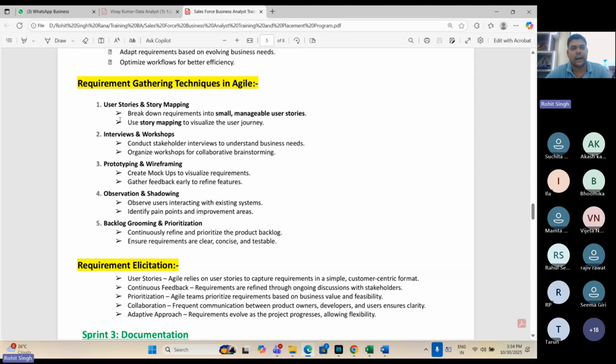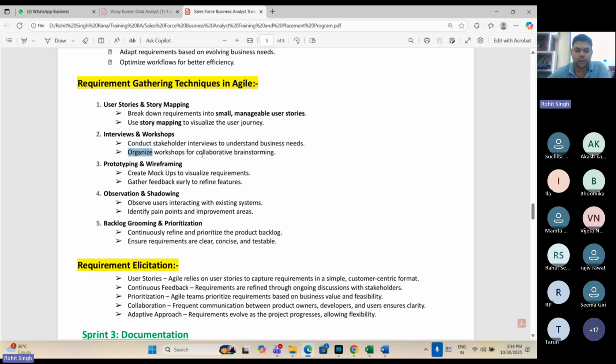So this is what I prefer, that there should always be a group discussion and brainstorming session. However, you create a number of documents and you show it to the client that this is how the feature and its functionality will work. You will interview and you will workshop, wherein you conduct a stakeholder interview, which is you interview the client in order to understand the business requirement.